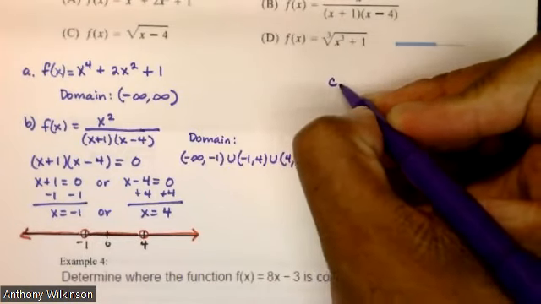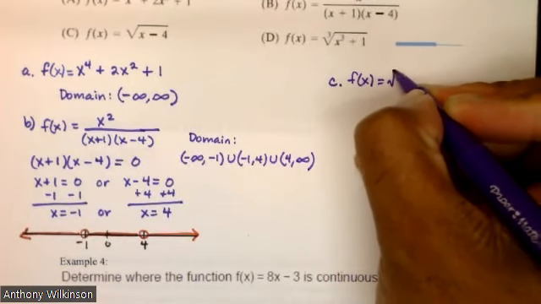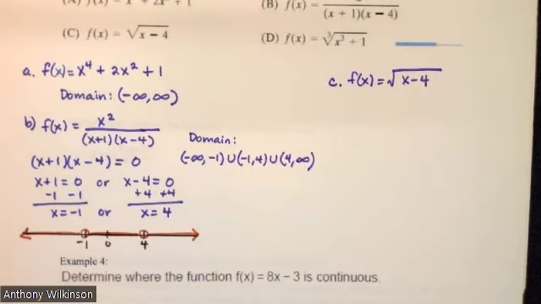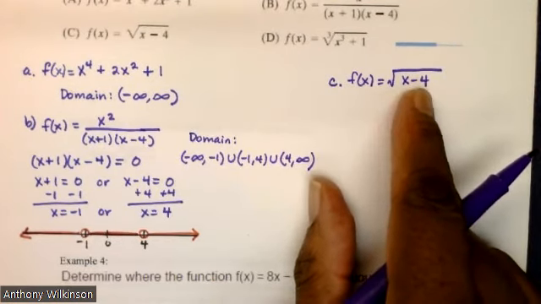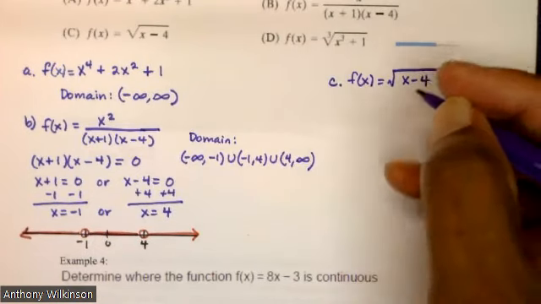All right, now part C is f of x is equal to the square root of x minus 4. Now, in this case here, with a square root function, we need to find what values of x will be positive, or 0, because I can't take the square root of a negative number.